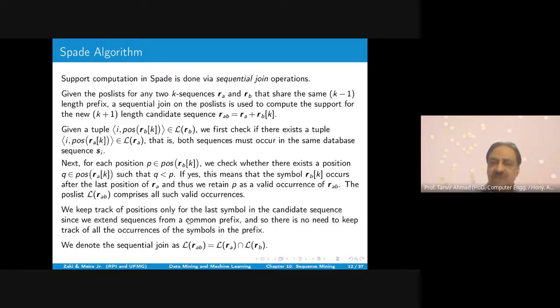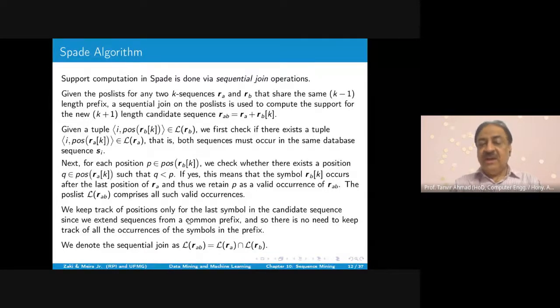Next, for each position P, which is an element of the position list of RB of K, where K is initially 1, we check whether there exists a position Q, which is also a part of RA of K, such that Q is less than P. What is the meaning of that?